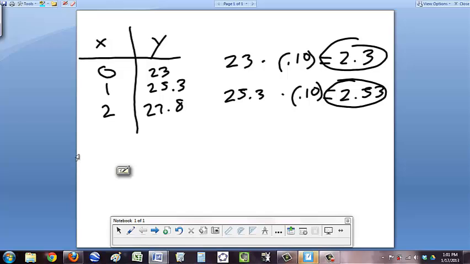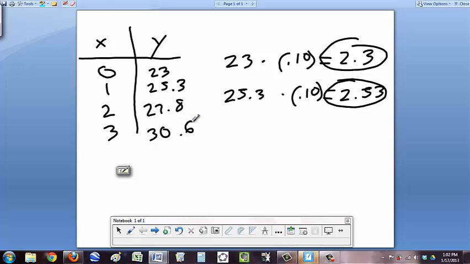Okay, so after the third month, are we going to add 2.53 again, or a different amount? Seems like we're going to have to add a different amount now. And that's what makes it an exponential function. Each time you're adding a different amount. After 1 more month, we'd add a little bit more and get 30.6 DVDs.